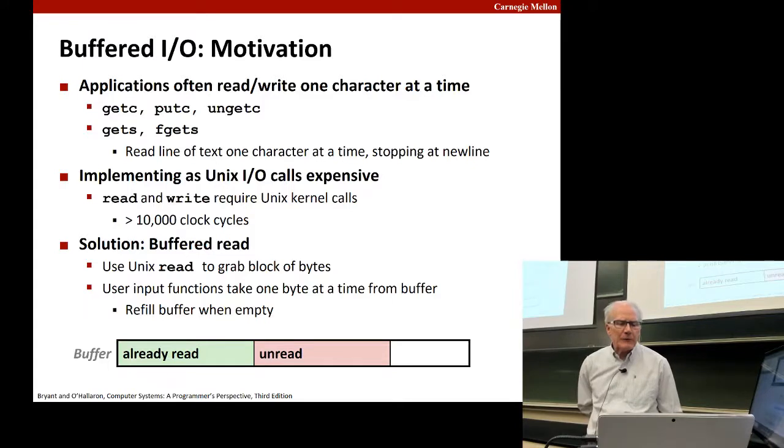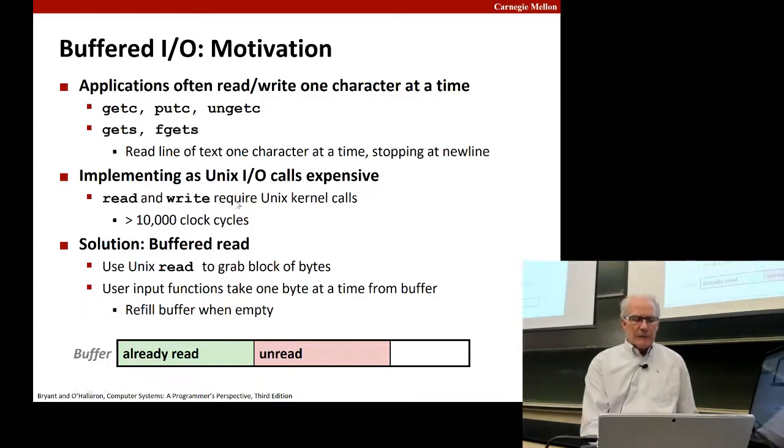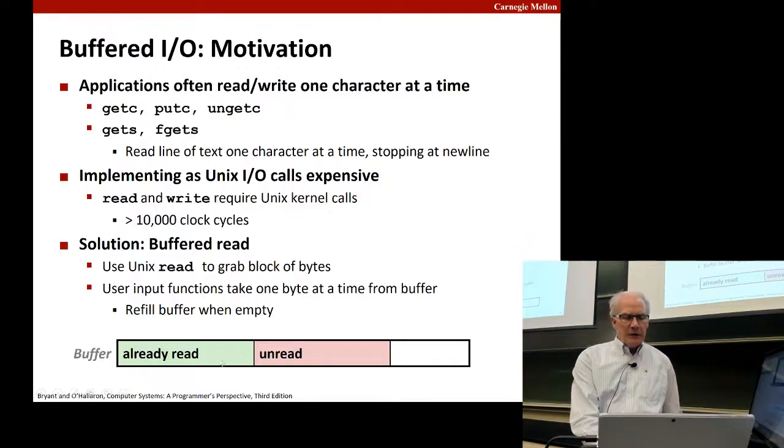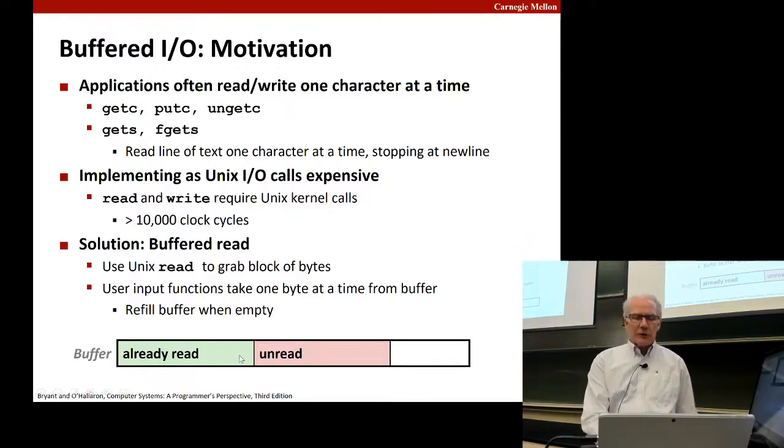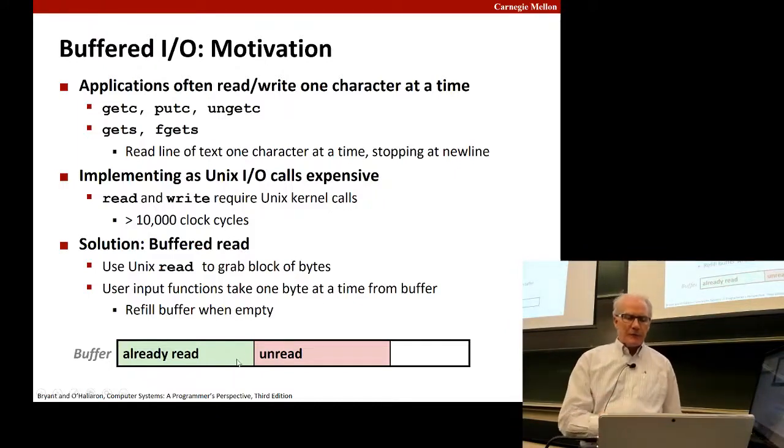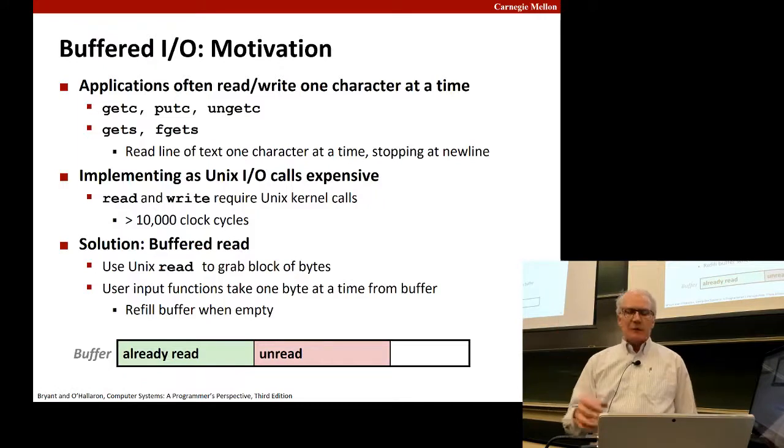And what a buffer means is that at any given time, it will have accumulated some collection of characters. Let's look at it from the read perspective. Maybe I'm going to read them one at a time.